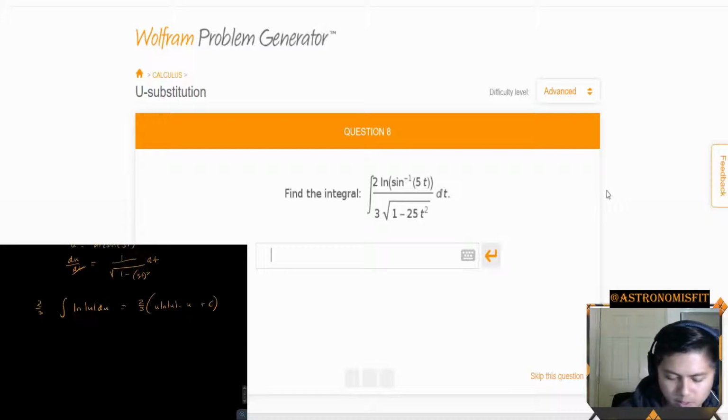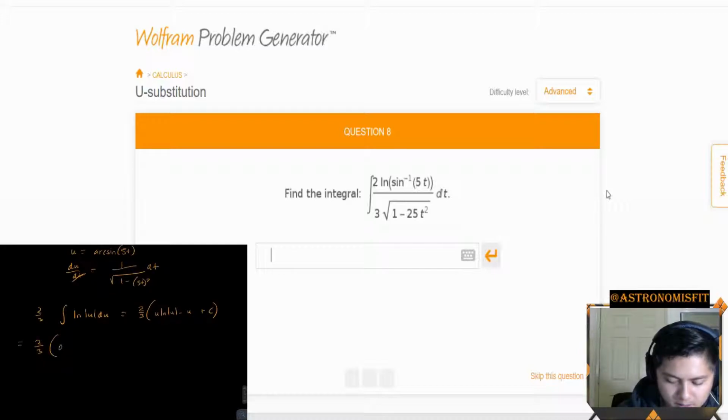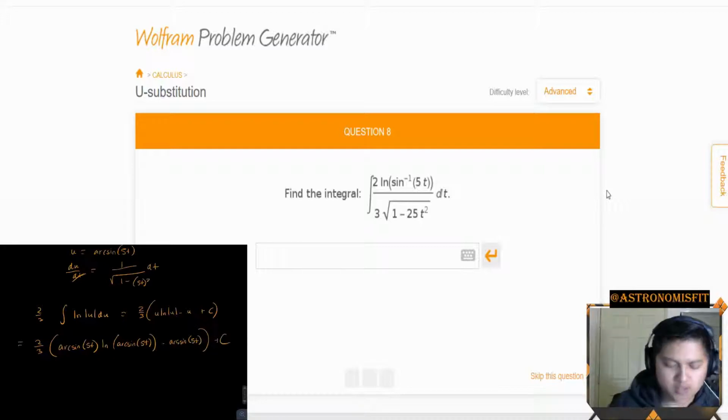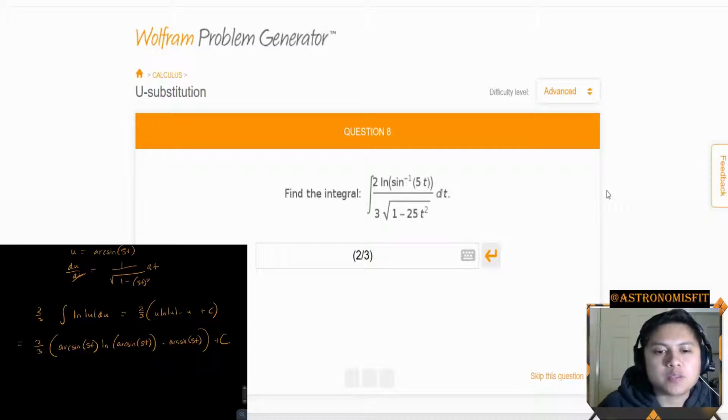Okay, so writing all that out, that's 2/3 times arc sine of 5t, log arc sine 5t, minus arc sine 5t plus a constant.